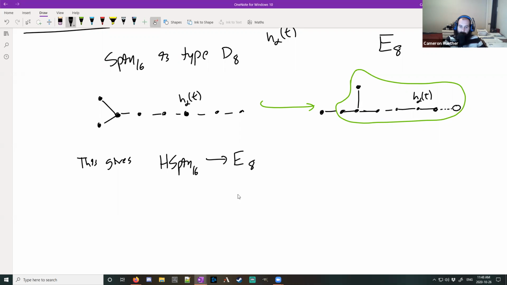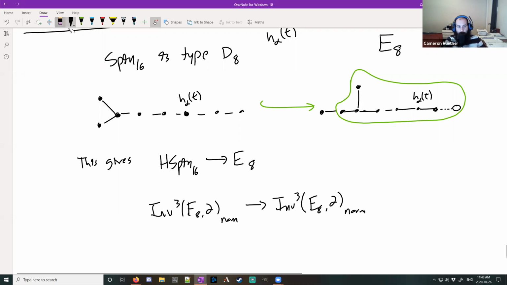And then it's just pulling back the Rost invariant via the map on invariants, normalized into HSpin. But I think most of the work here was in noticing this root system embedding.